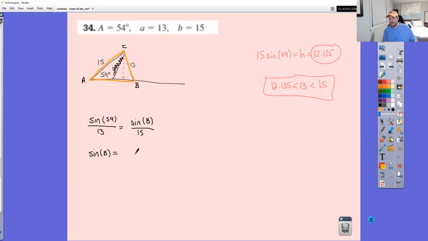So the sine of B is going to be 15 times the sine of 54 divided by 13. So do the inverse sine. I'm getting 68.984 degrees.